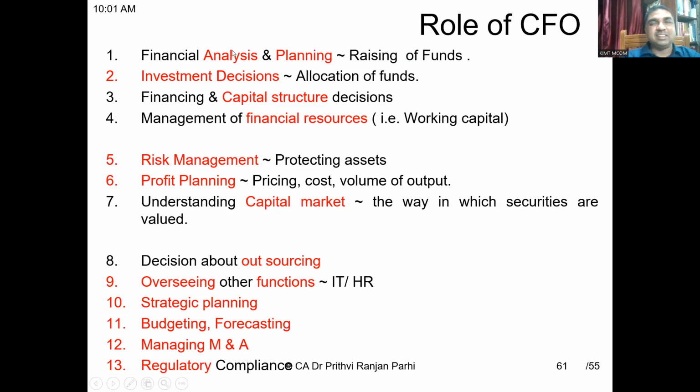Financial analysis and planning, investment decision, financing or capital structure decision, management of financial resources, risk management, profit planning, understanding the capital market, decision about outsourcing, overseeing other functions, strategic planning, budgeting, forecasting, managing merger and acquisition, and regulatory compliances. All these are the roles of the finance manager or CFO, the chief finance officer.